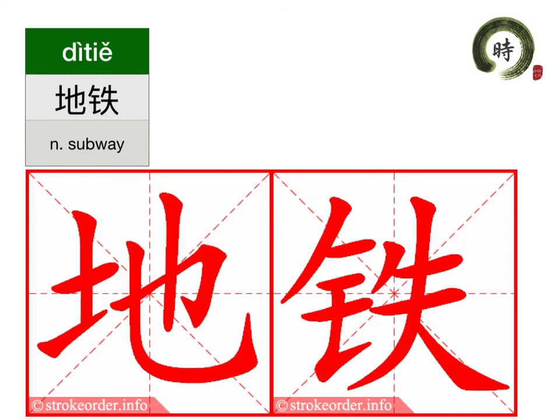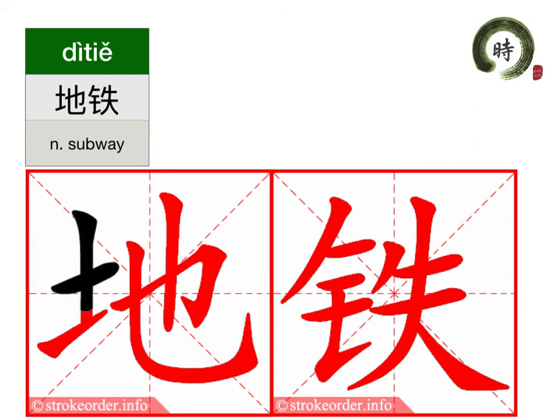Last, let's take a look at this word, 地铁. So here, 地, we've learned it in 地图. 地图, map. And 地 itself means ground. So here we have 地. And 铁 itself means metal. Now let's take a look at the writing here.